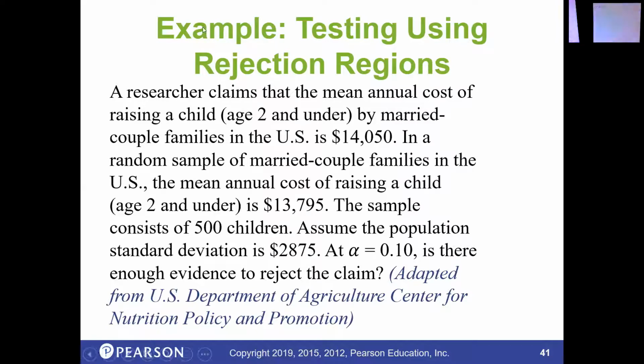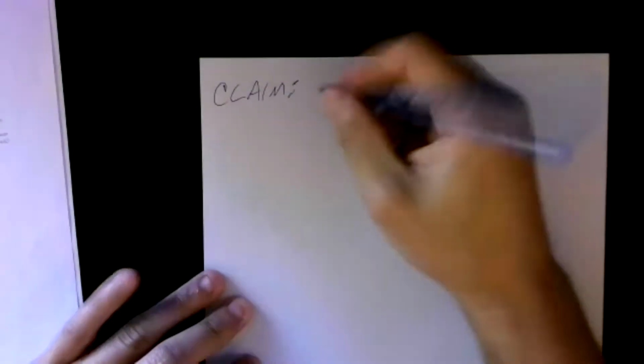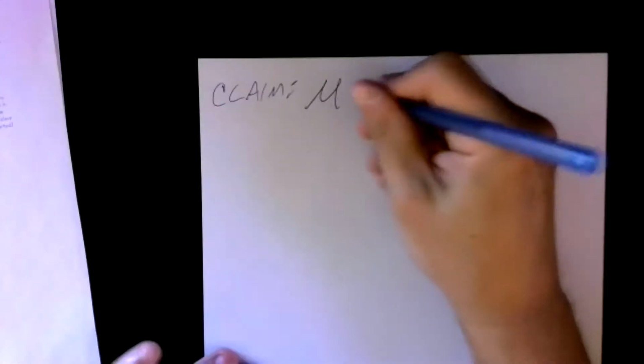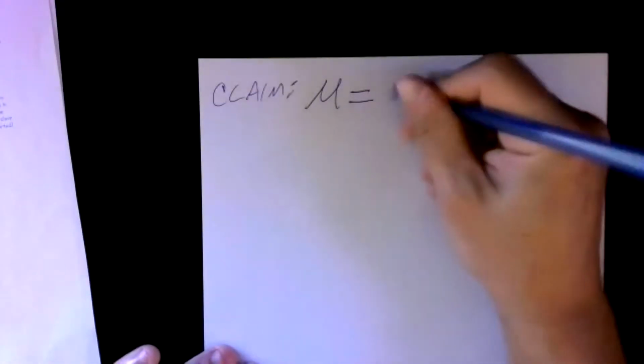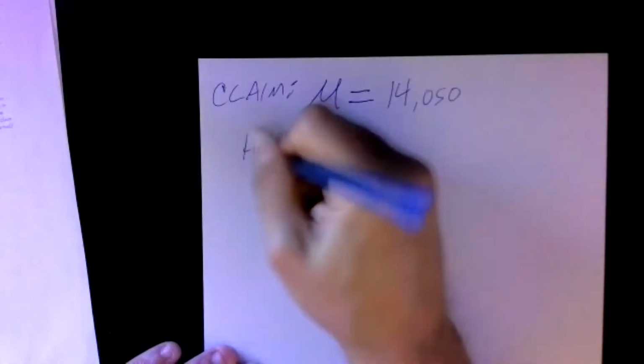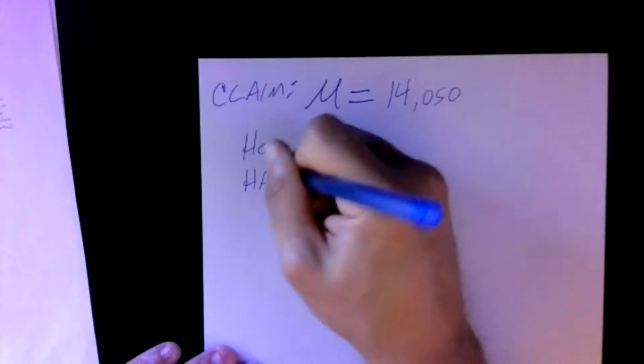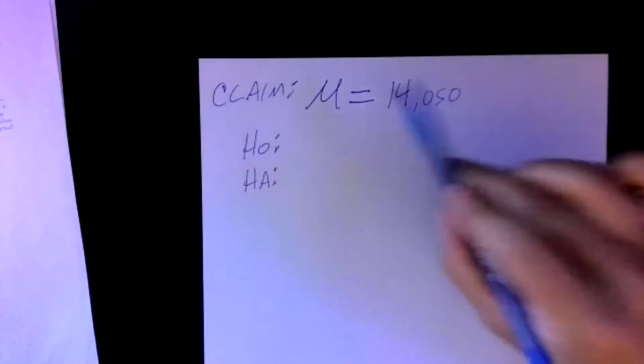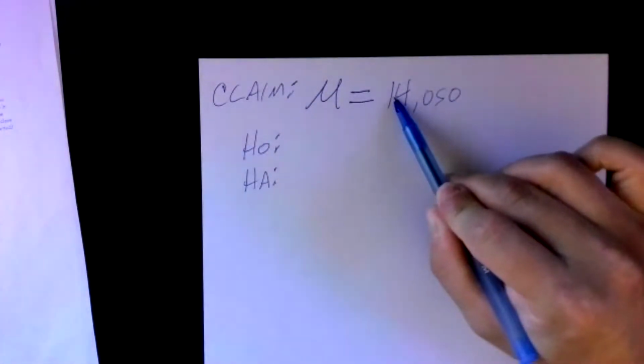So, as usual, state the claim and the hypotheses. In this case, we're talking about mean cost to raise a child. Now, we are talking about the researcher's claim that it is equal to $14,050. Because the claim contains equality, it goes in the null hypothesis.